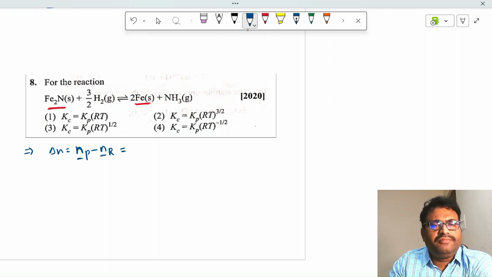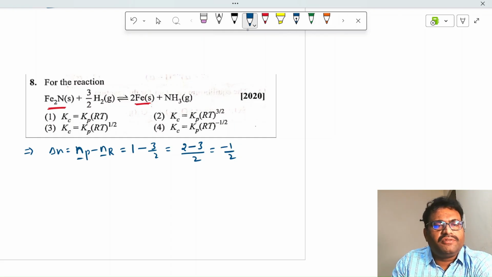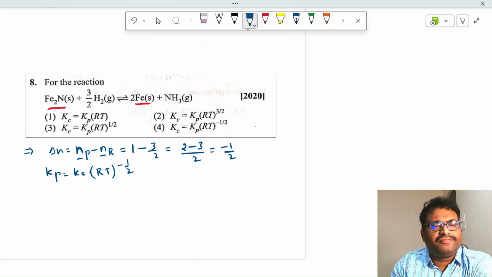So the number of moles of gaseous products is 1, minus the number of moles of gaseous reactants, which is 3 by 2. That is 2 minus 3 by 2, which is equal to minus 1 by 2. So we have delta n is equal to minus 1 by 2, then Kp is equal to Kc into RT power minus 1 by 2.